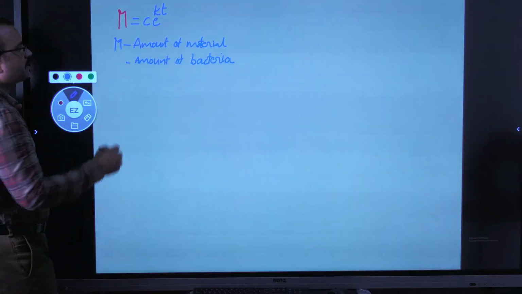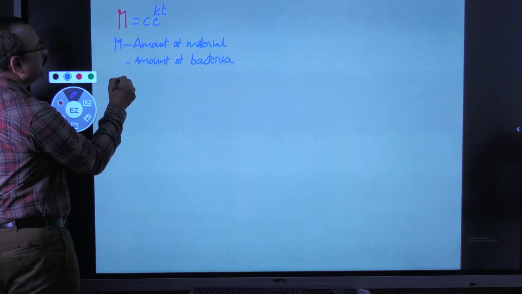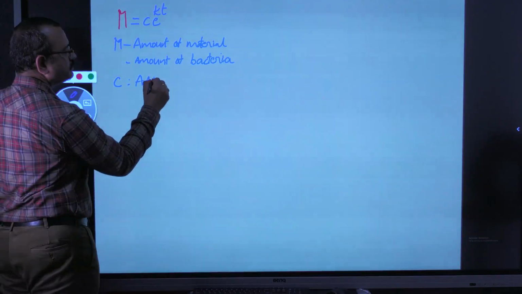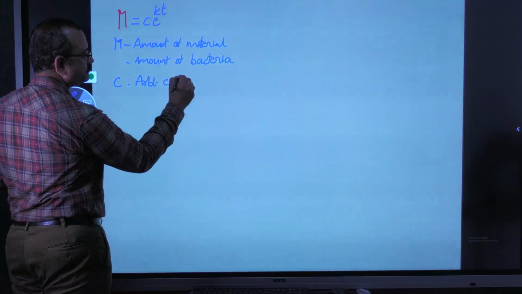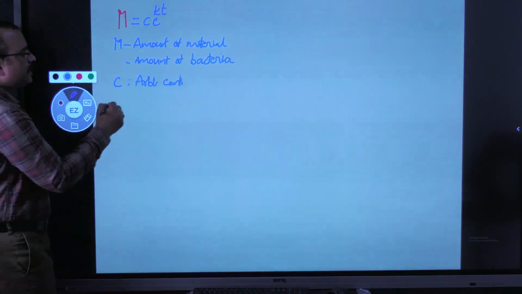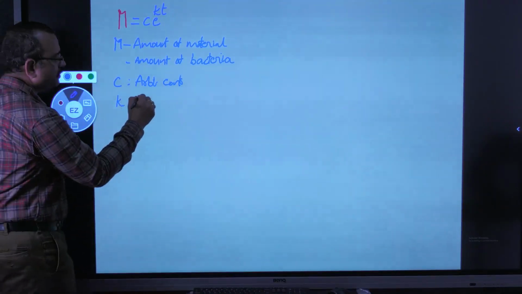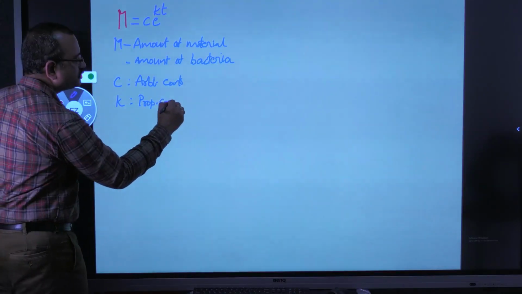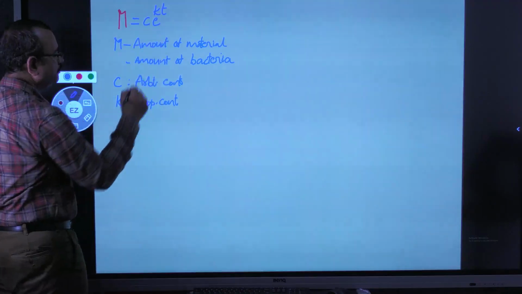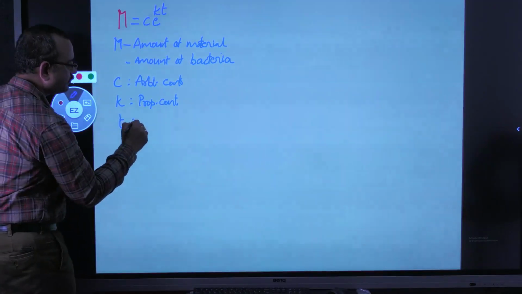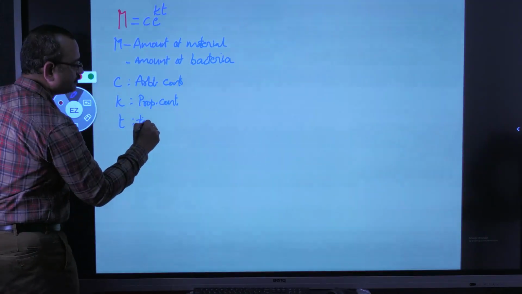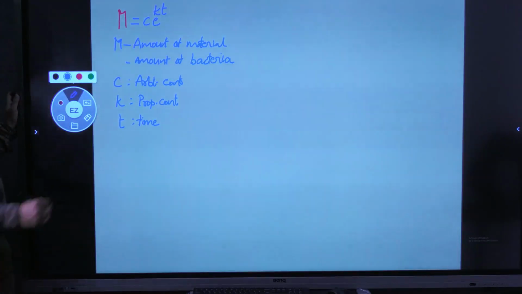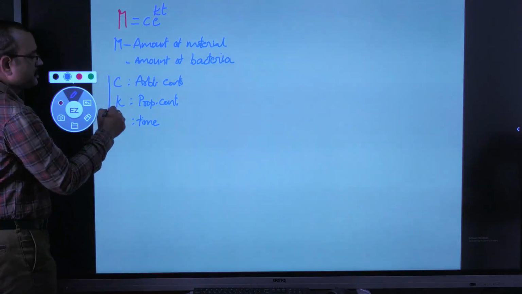Next, C, the arbitrary constant, and next variable we have K. K is the proportionality constant, and then we have t, the time. Okay, so these are the constants which we have to calculate.